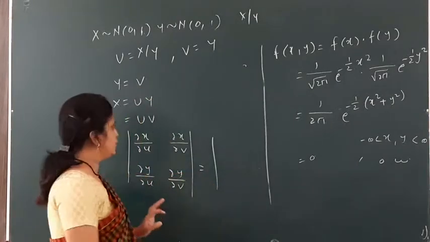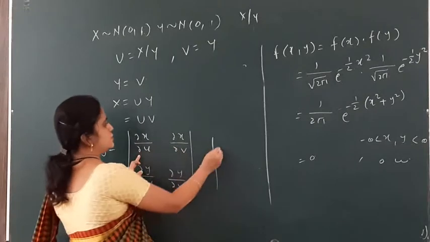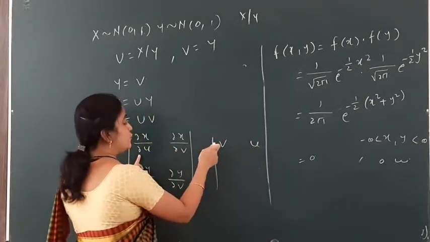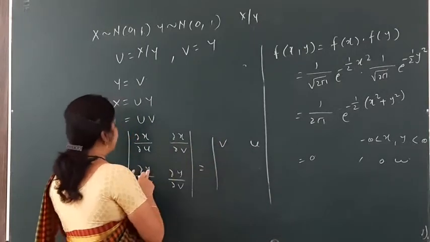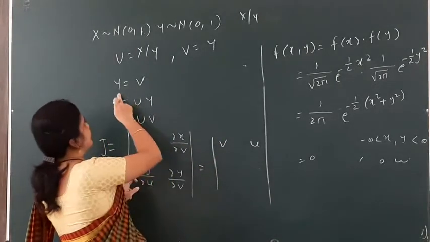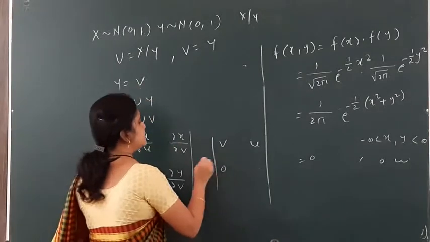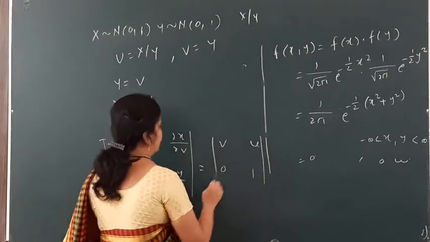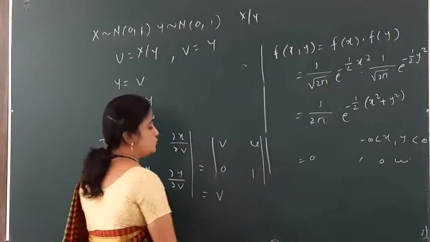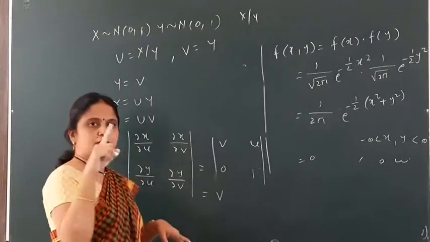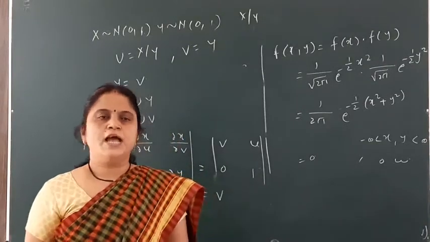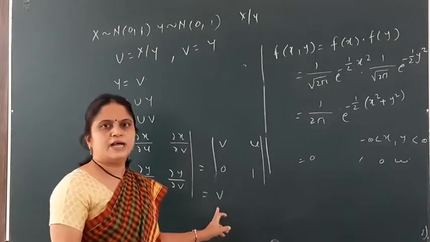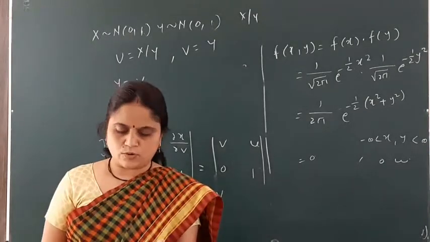So the answer for the first term is v and for the second term is u. Partial y by partial u comes as 0, and since v is present, the derivative with respect to v is 1. The answer is only v. Since I need to take not J but the modulus of J, it comes as modulus of v. That means the positive part of v only; I cannot consider the negative quadrant of v.